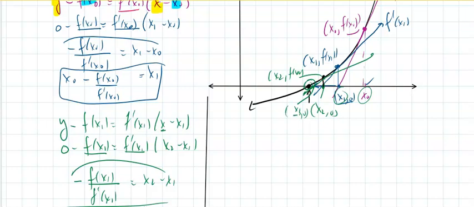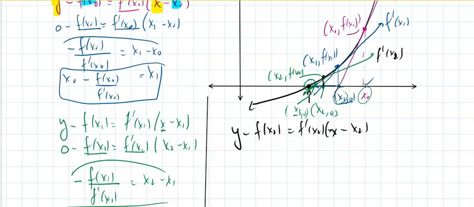So when I substitute x sub 3 into that equation, well, what equation? I need to find the equation of the green line. This is f prime of x sub 2. So the equation for the line would be y minus y2 equals f prime of x sub 2 times x minus x sub 2.